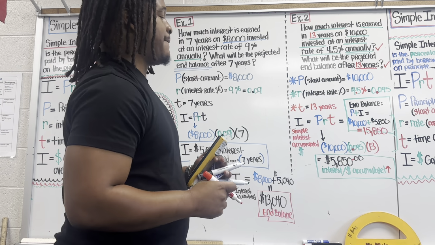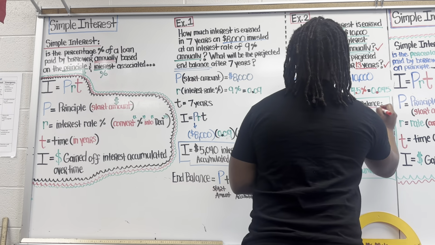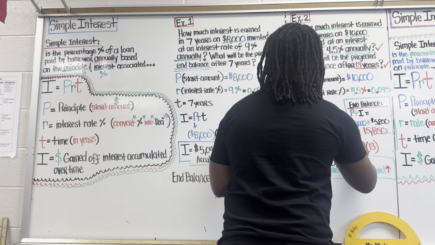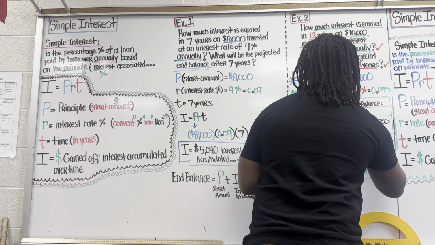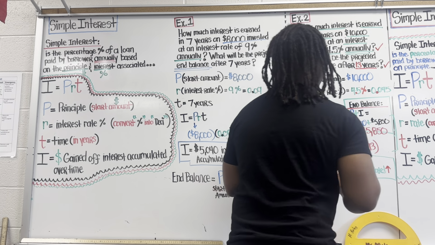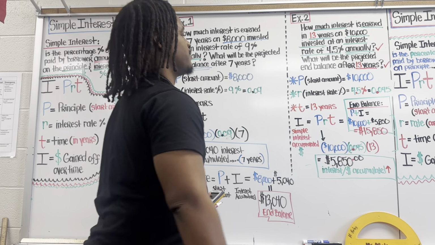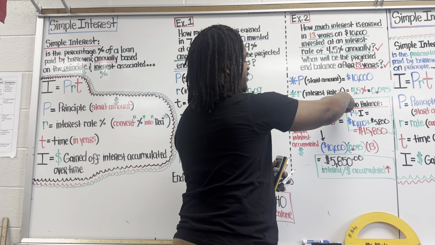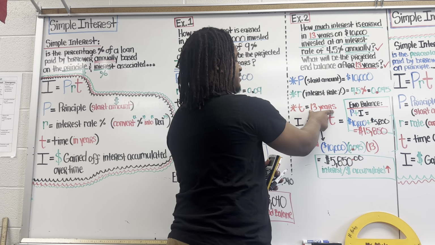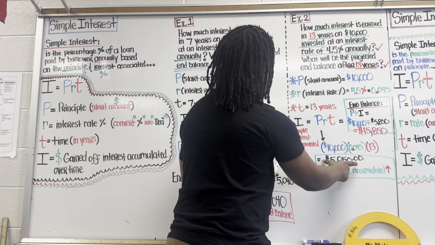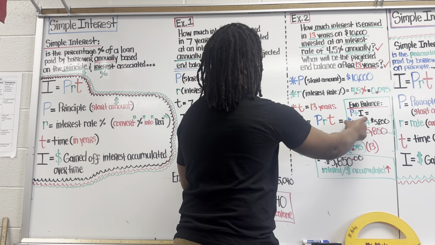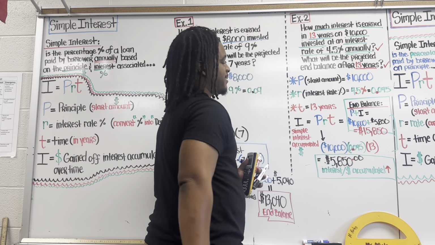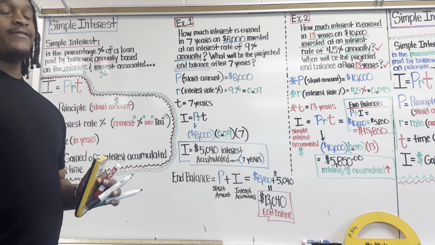That would be the end balance right there. So once again, remember we started off with $10,000, right? It got hit with a 4.5 interest rate over a span of 13 years, and over that span, that account will accumulate $5,850, and then the end balance is this plus the start balance, which was $10,000, and now my end balance is $15,850. Okay?